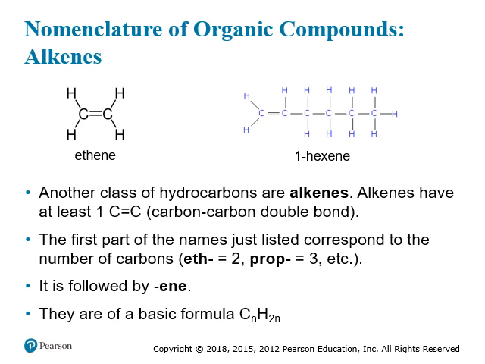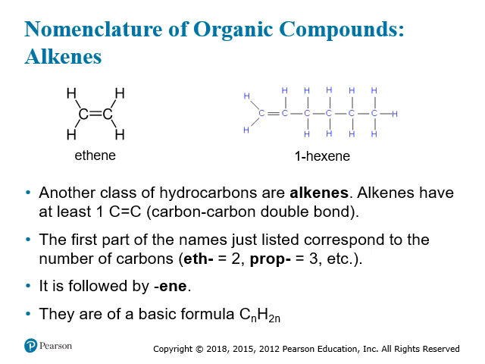Here at the top of the slide, we see ethene and hexene, specifically 1-hexene. Now it's called 1-hexene because the double bond is placed on the first carbon. If it were placed between the second and third carbon, then we would call it 2-hexene.